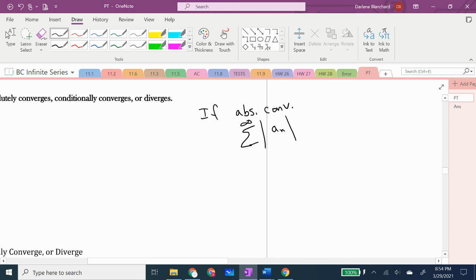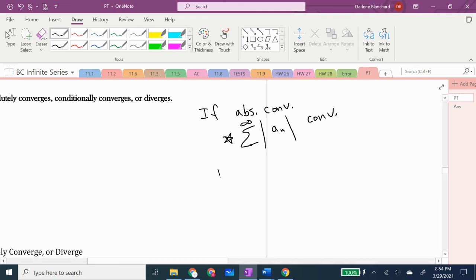If that converges, then you are absolutely convergent. This is all you need. That means one infinite series to determine.